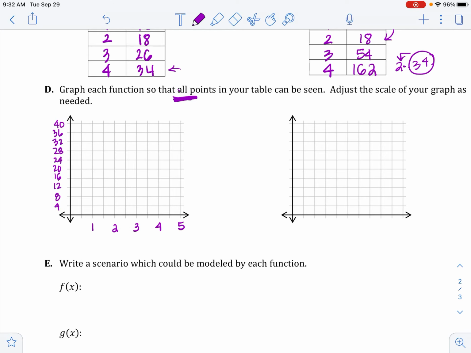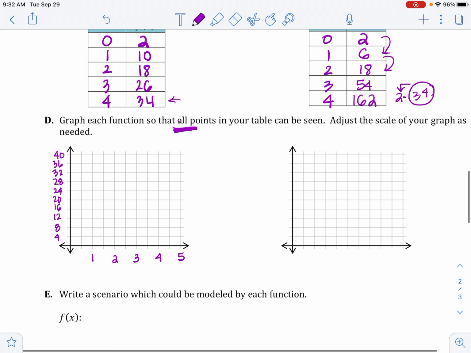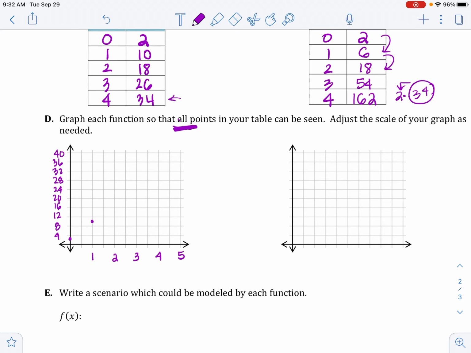Right, so now I'm definitely going to fit it on there. All right, now I'm going to graph the points. So 0 was 2, right there. 1 was 10, so like there.